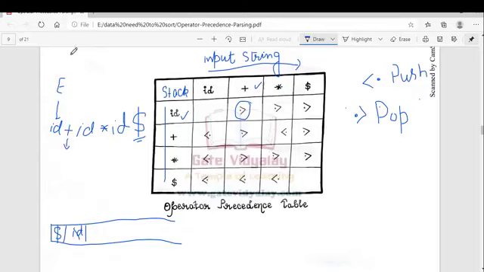Like, I will write our grammar over here. We have a grammar e.